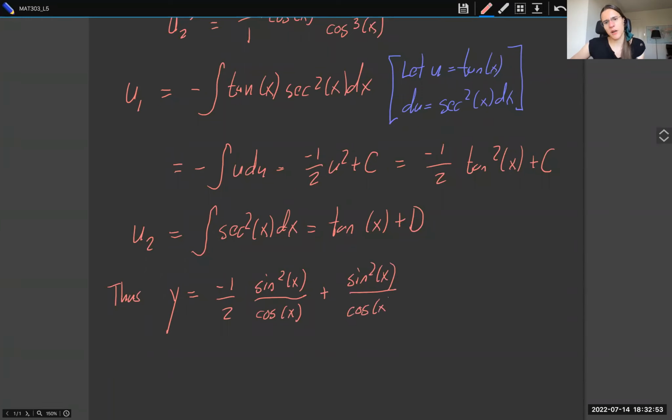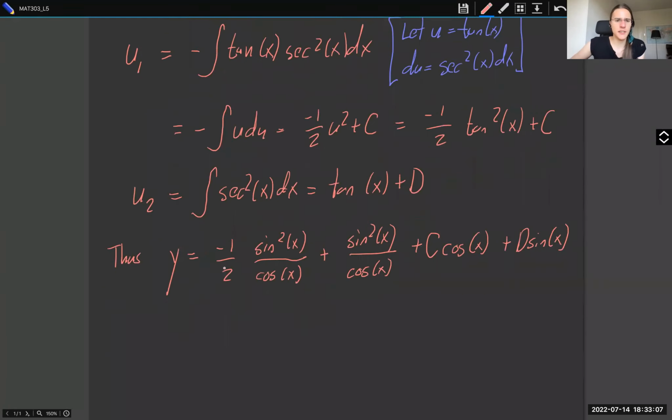So these two terms combine, and then I get my c times cosine x plus d times sine x. So I always first do the non-constant terms, and then I throw in the constants at the end. And so this simplifies to just 1/2 sine squared. Or I can write that as tan times secant. No, tan times sine.